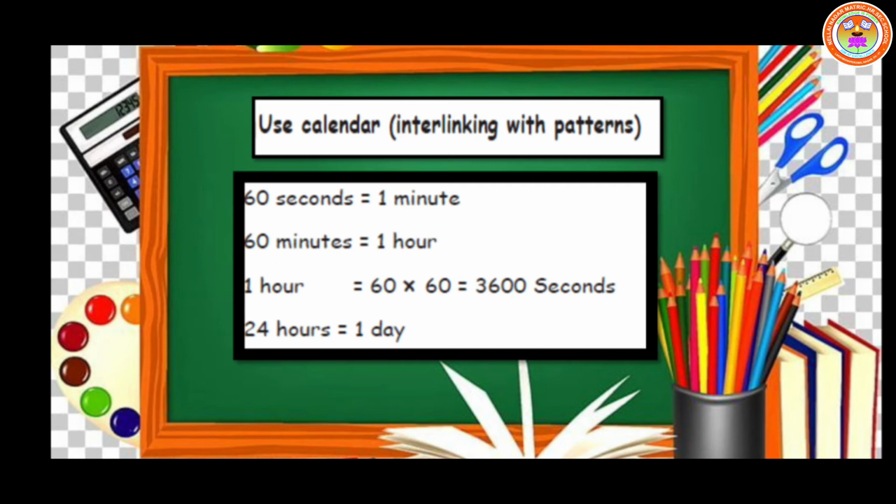Students, these are the basic things you must know. Again, I am saying 60 seconds is equal to 1 minute, 60 minutes is equal to 1 hour, 1 hour is equal to 3600 seconds, and 1 day is equal to 24 hours. Next.